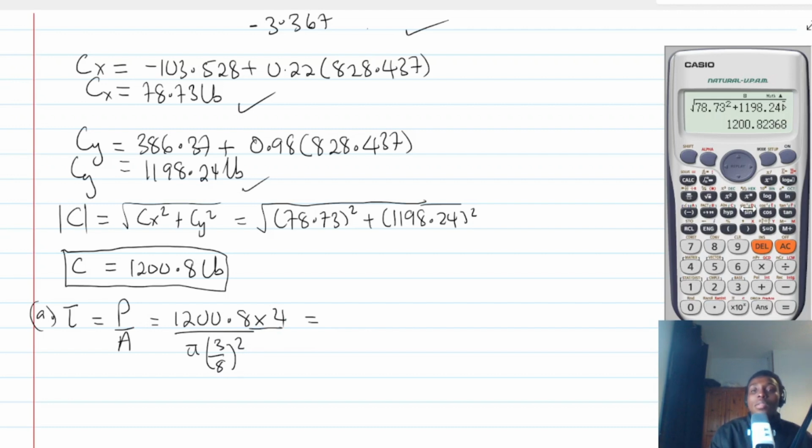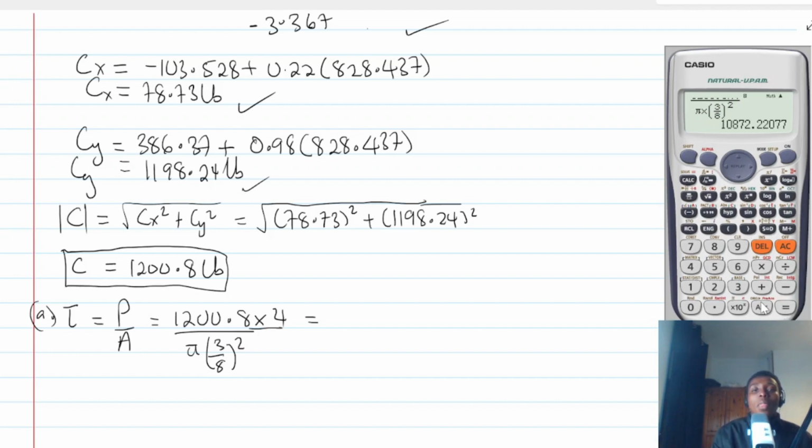All right. So let's calculate it together. It's going to be 1200.8 multiplied by 4, then I divide this by pi multiplied by 3 by 8 squared.